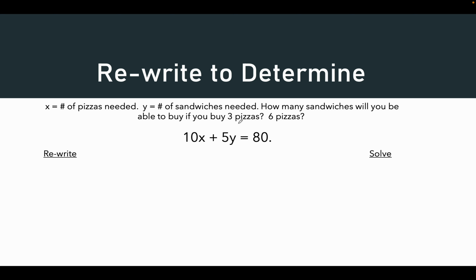So if I'm going to rewrite this to solve for pizzas, then I really should have my y over here and alone. So let's rewrite this so that y is already by itself. So if I'm plopping in 3 pizzas for this, then I would go ahead and move this around.